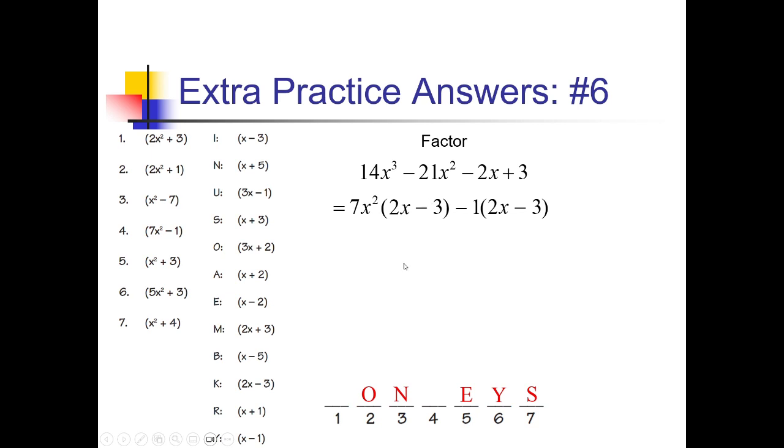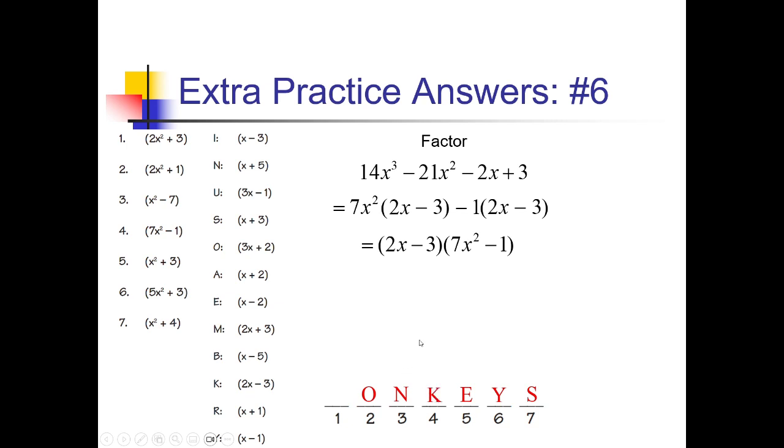So 2x minus 3 comes out as a common factor, and then 7x squared minus 1 is going back in as the duplicate, or the leftovers factor. 7x squared minus 1, that's right here, that's 4. And then 2x minus 3 is down here as k. So 4k. There we go.